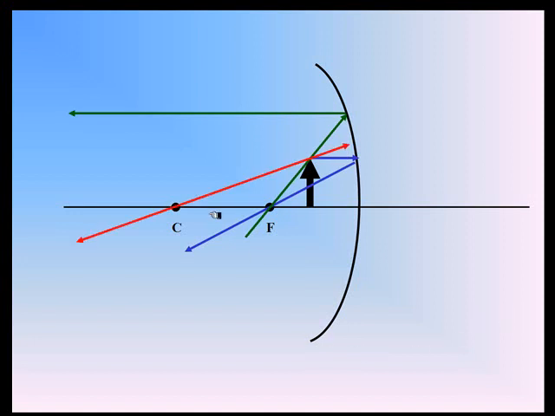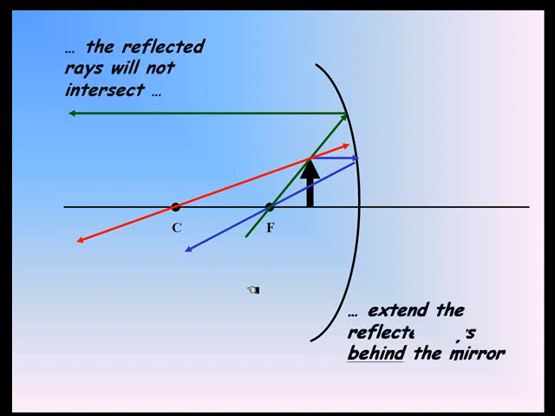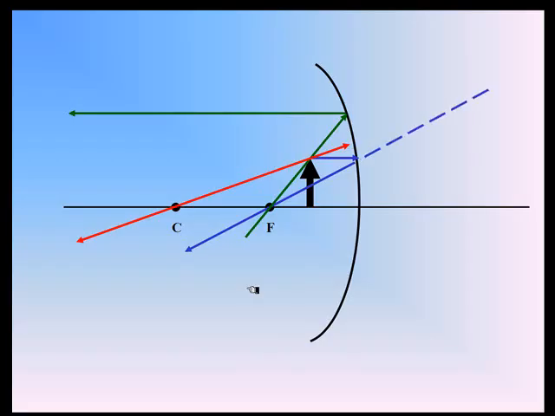Now notice that these three lines don't intersect on the left side of the mirror. But if you extend those three lines, then of course we extend them beyond the mirror or behind the mirror, and those three lines intersect at a point behind the mirror.